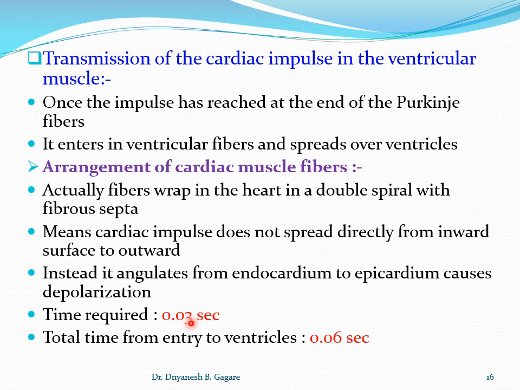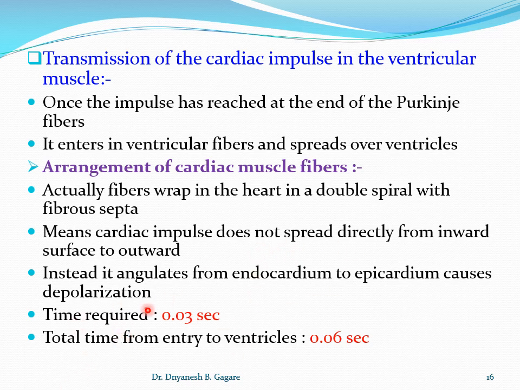But in the previous slide I told you that the transmission of the impulse in the Purkinje fiber is 0.03 second, and here also 0.03 second, but there the distance is more and here it is very little, because here the impulse spreads slowly, and that is due to the special arrangement of the ventricular fibers in the ventricular wall.